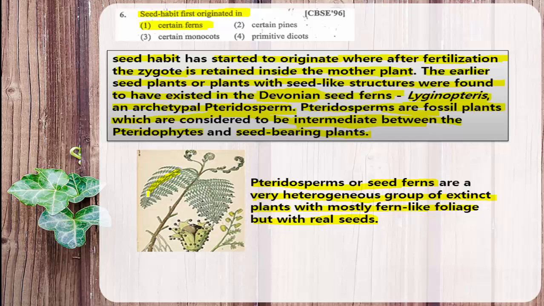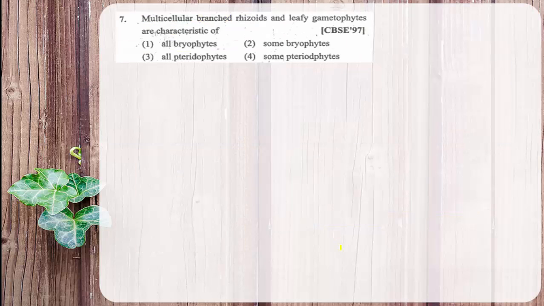The leaf arrangement is exactly like that of the ferns of pteridophytes, but they produced real seeds, and that is why they are considered the intermediate connecting link between pteridophytes and seed bearing plants. Then moving to the next question.